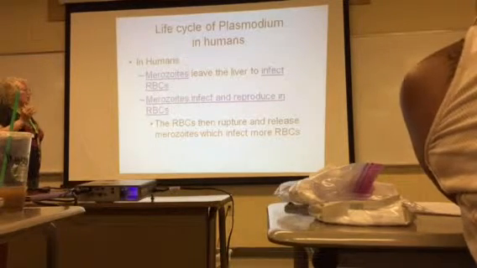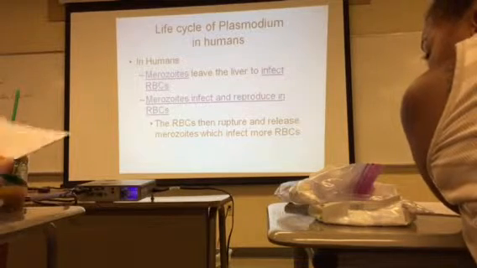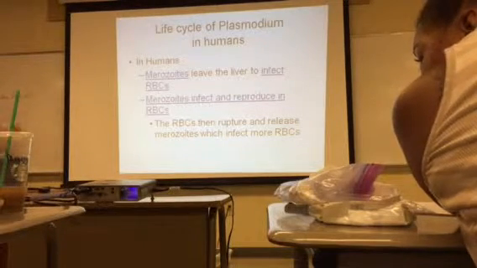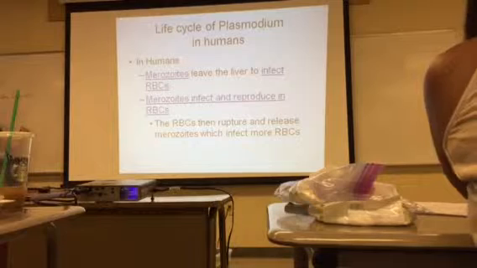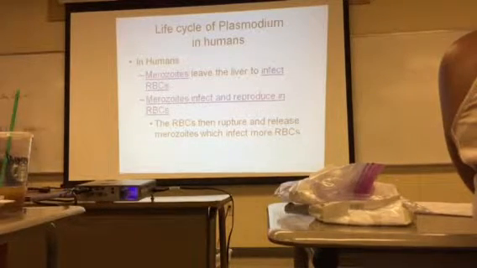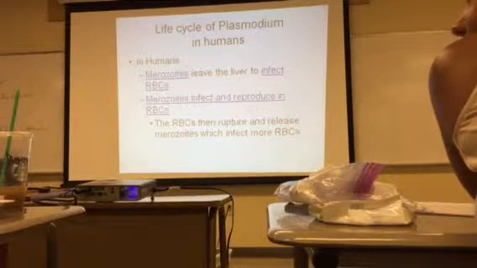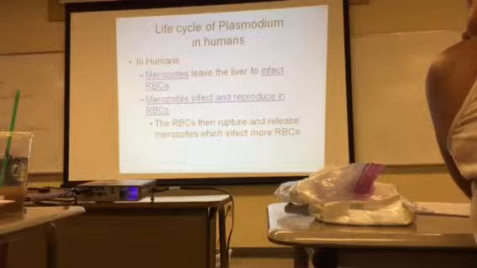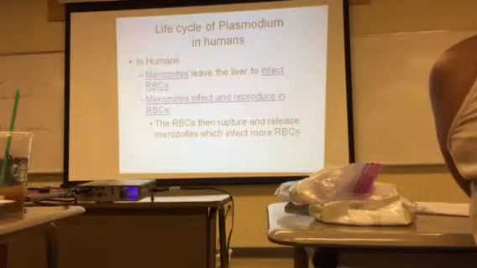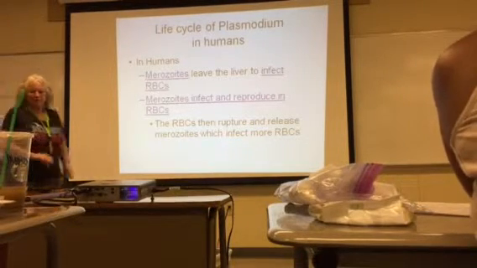And then the merozoites are going to reproduce in the red blood cells. You're going to go through that schizogony thing again. And then the red blood cells are going to rupture. They're going to release those merozoites. And then those new merozoites are going to go out and infect more red blood cells.